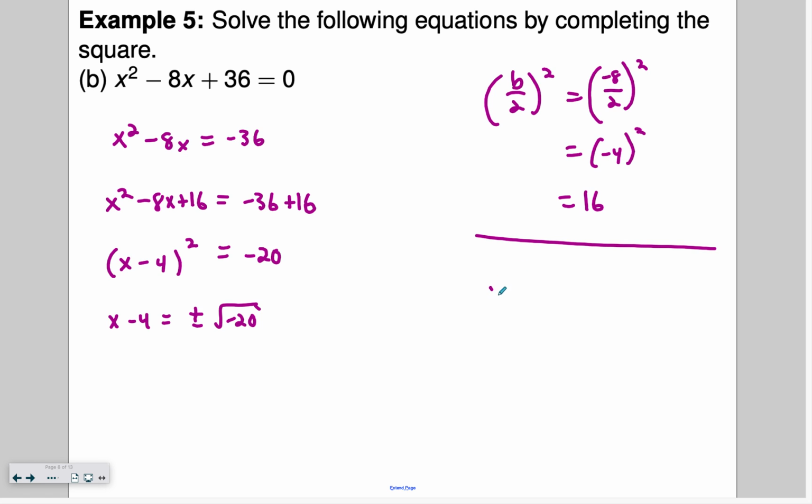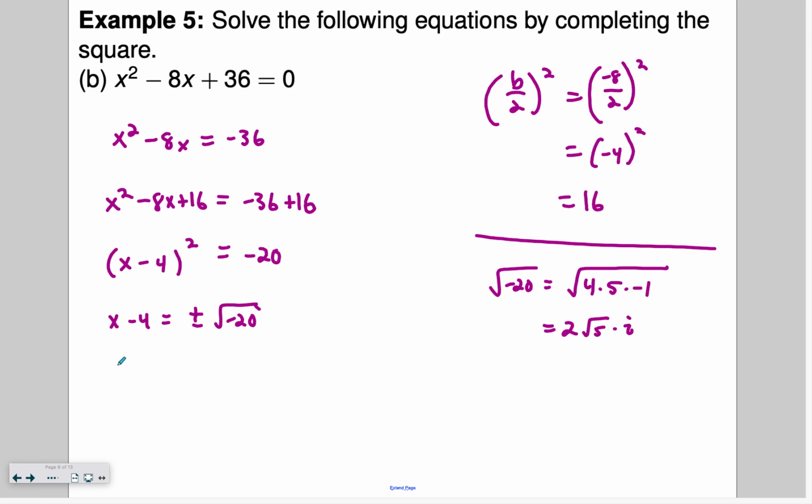Let's simplify that. The square root of negative 20 can be simplified to 4 times 5 times negative 1, which is: square root of 4 is 2, square root of 5 is root 5, times i. Bingo.